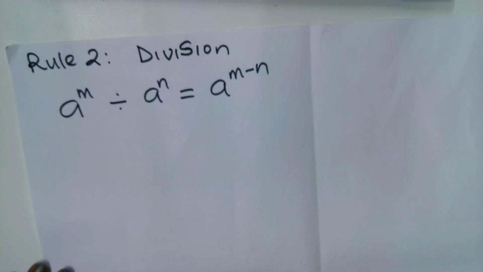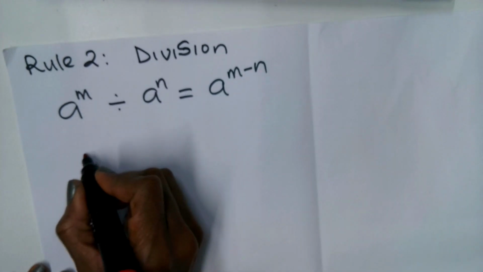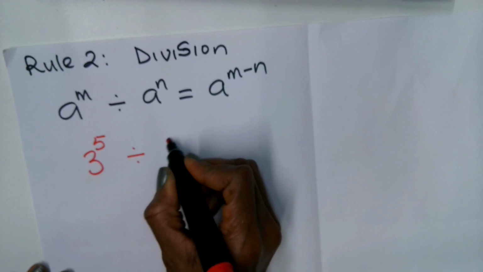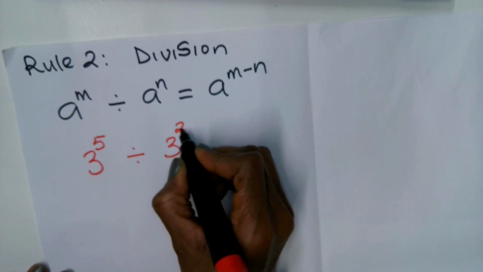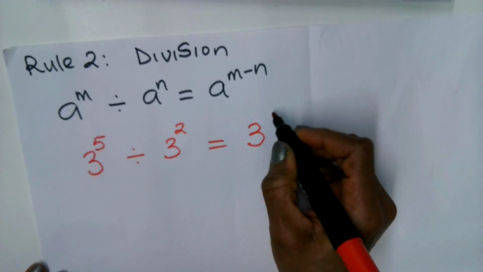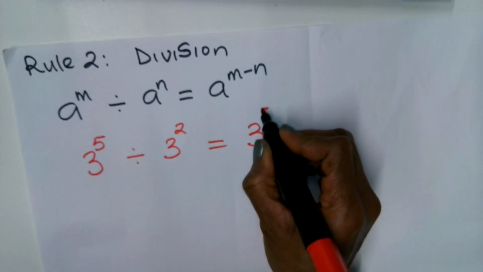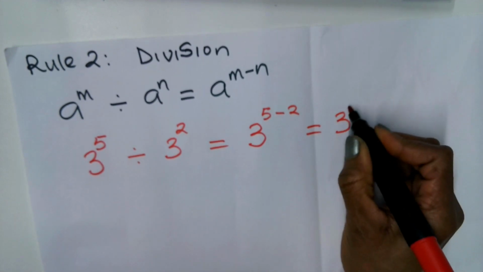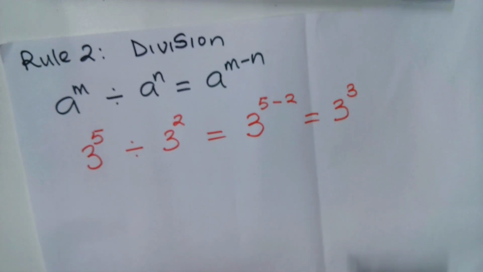So we've got this example, 3 raised to the power of 5 divided by 3 raised to the power of 2. So I'll keep the base, but I'm going to subtract their powers. So if I subtract their powers, I've got 3 all raised to the power of 3.